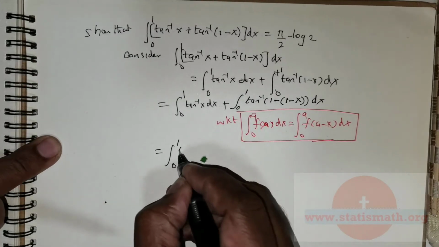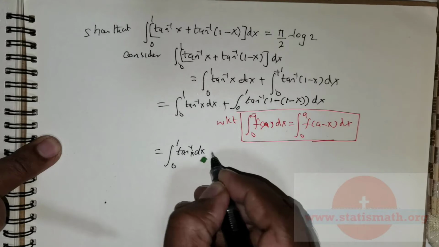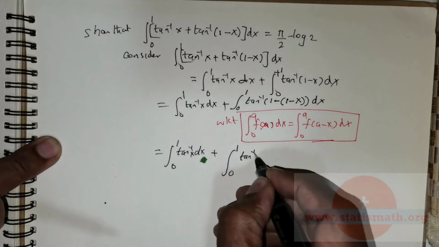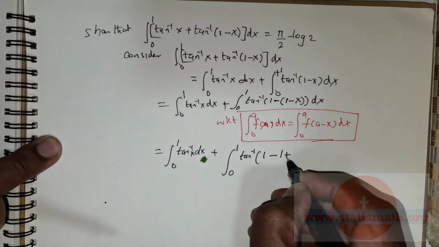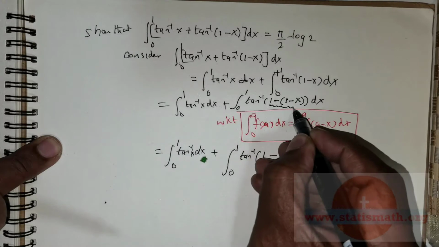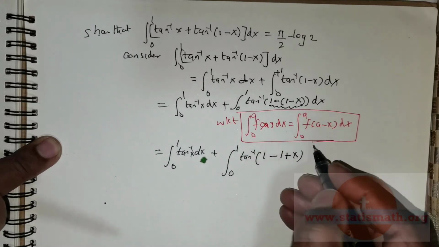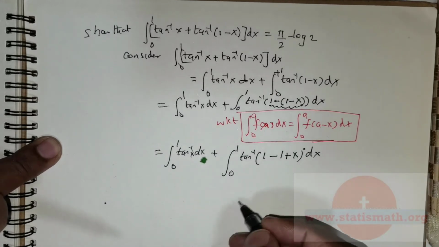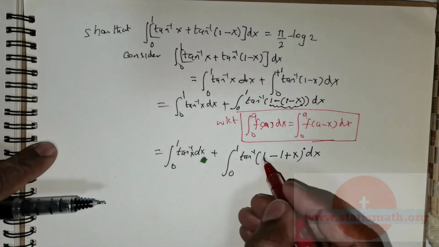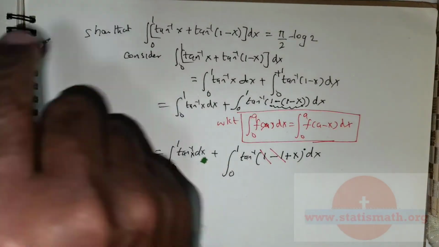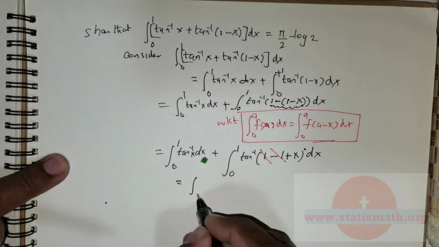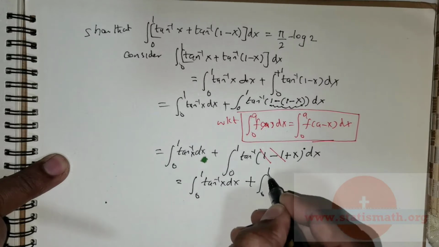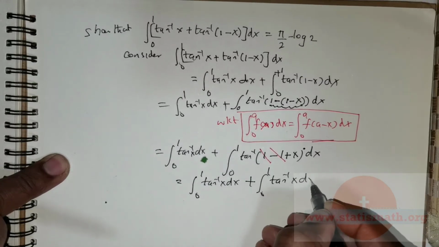Rewriting this, we get the integral from 0 to 1 of tan inverse of x dx plus the integral from 0 to 1 of tan inverse of (1 minus 1 plus x), expanding and removing the parenthesis for the second term, multiplied with dx. Clearly the plus 1 and minus 1 cancel, so you now have the integral from 0 to 1 of tan inverse of x dx plus the integral from 0 to 1 of tan inverse of x dx.